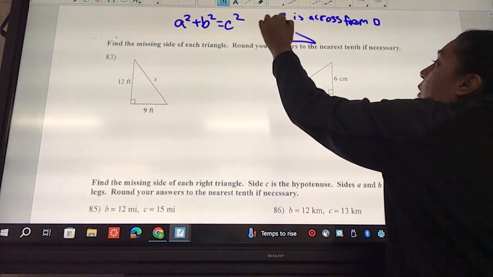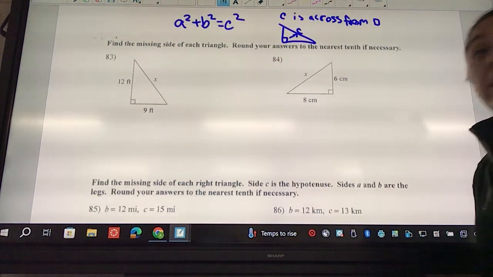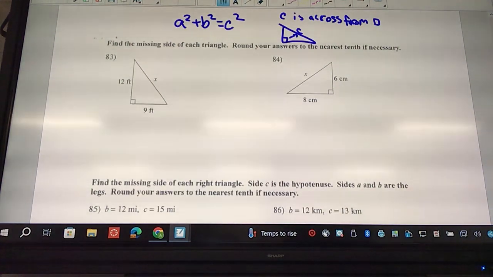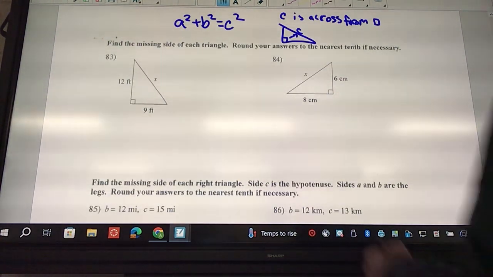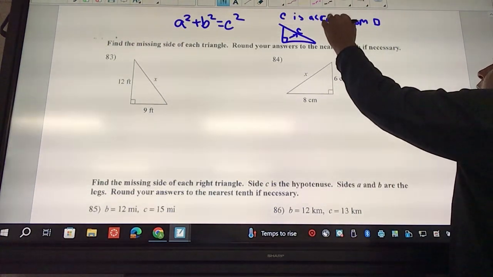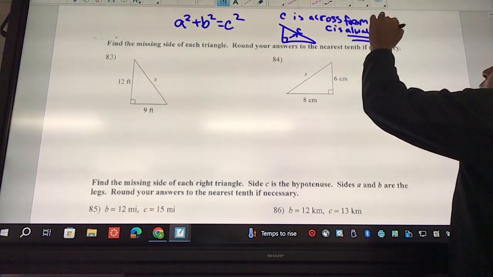What else do we know about C? There's one other thing about C and it's important. It's greater than the rest. Yeah, C is always the biggest side.